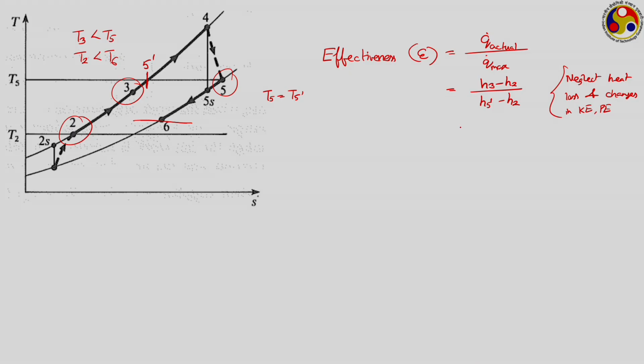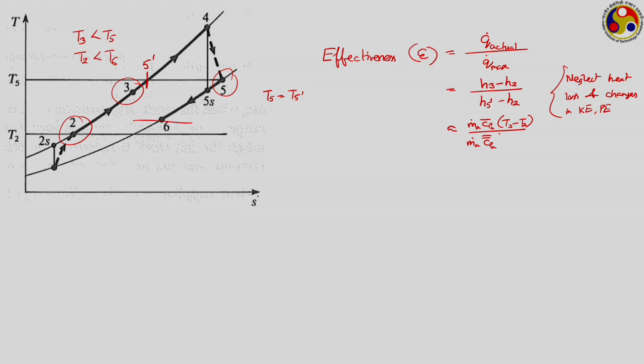And if we now assume the specific heat for the air to be constant, then we can write mass flow rate of air into Cp of air, average Cp between temperature T2 and T3, into T3 minus T2, divided by mass flow rate of air into Cp for air, with a double bar.